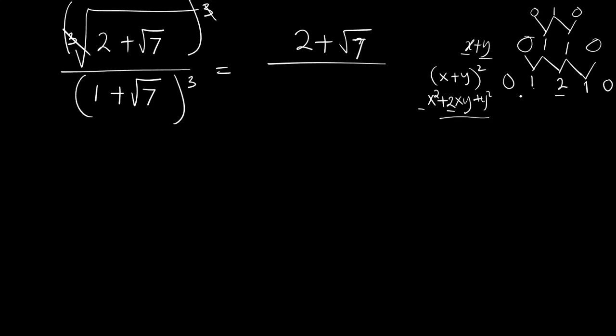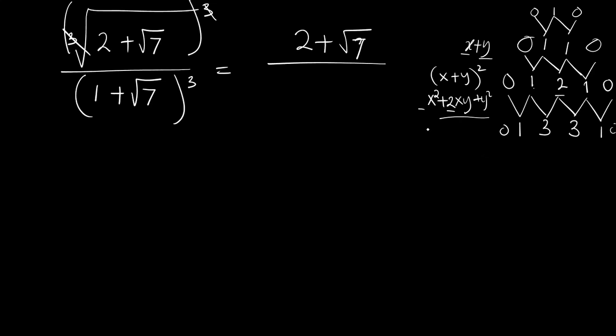Then now let's generate the third one, which is what we're going to use here. You add this plus this, that is 0 plus 1 is 1, 1 plus 2 is 3, 2 plus 1 is 3, 1 plus 0 is 1. So you add another 0. This is how to generate it.